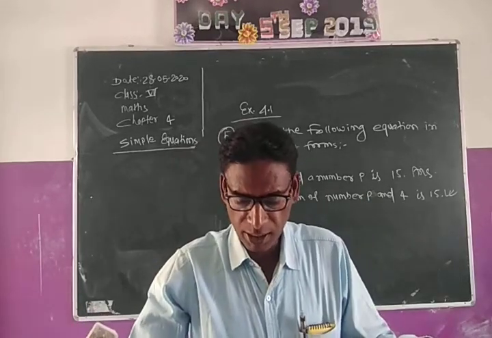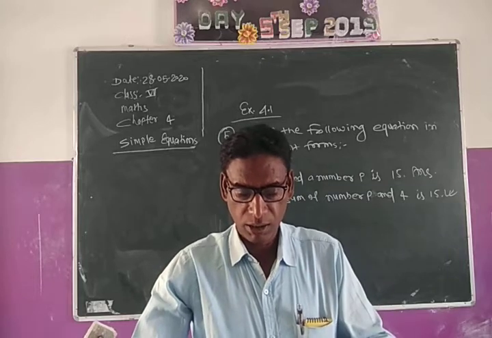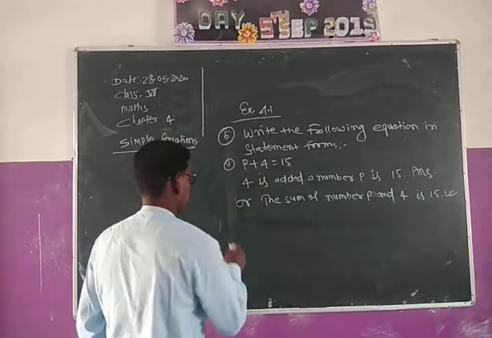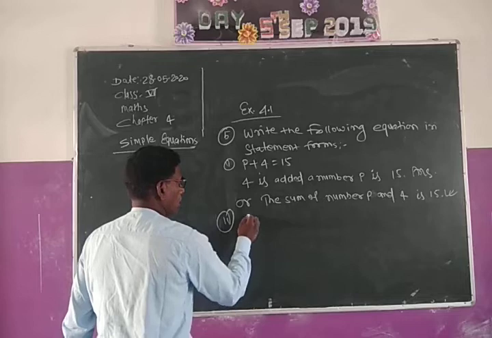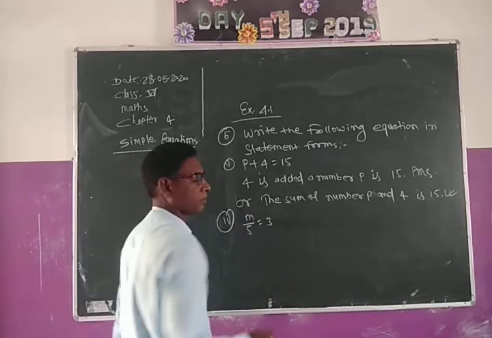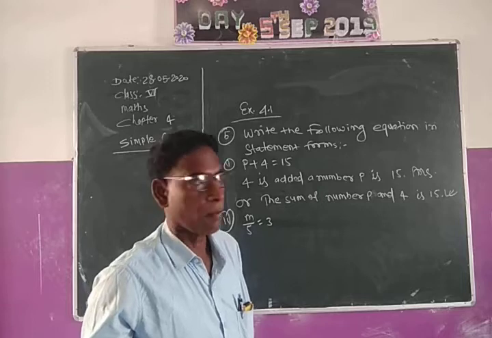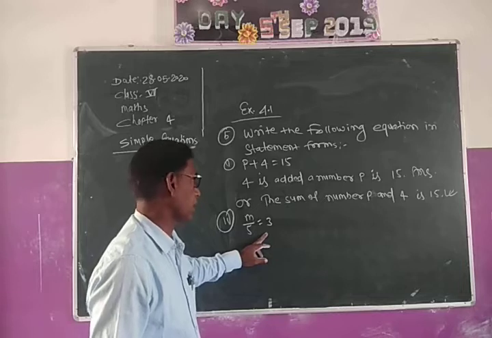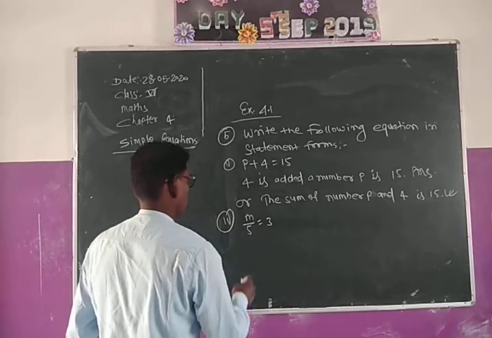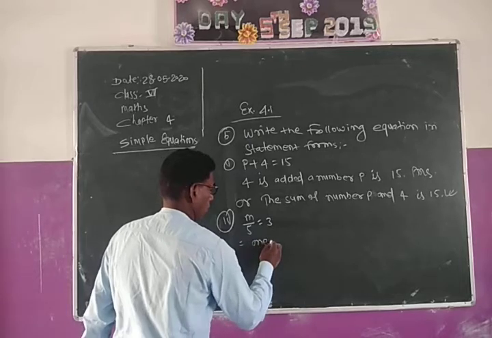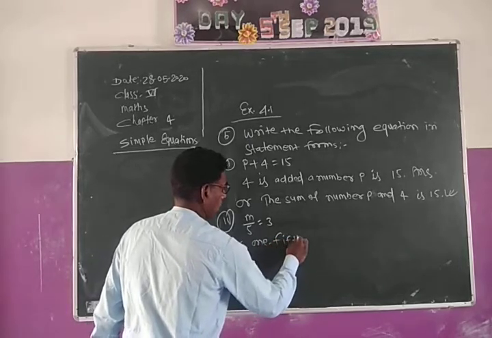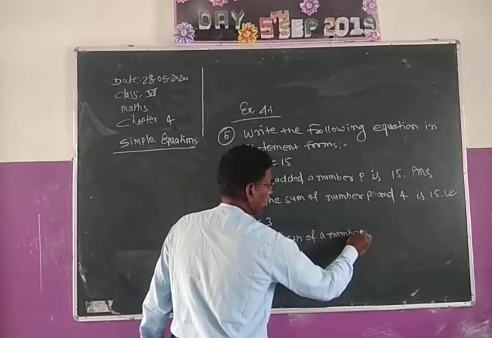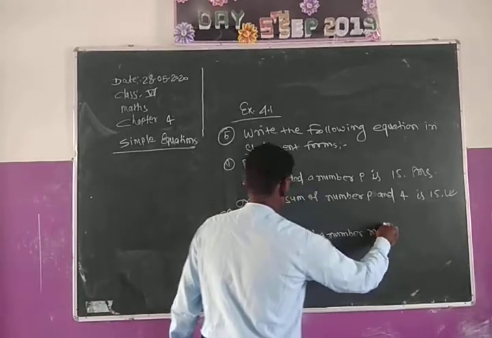Similarly, you will write all the questions in the form of statements. m by 5 is equal to 3. It is the question, and it is in the form of an equation, and you will write the answer in the form of a statement. 1/5 of number m is 3.